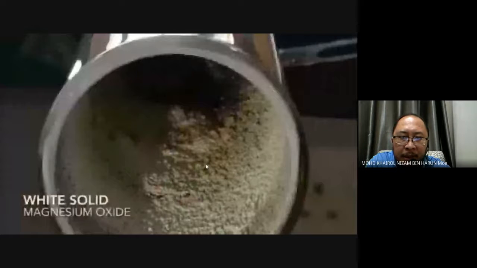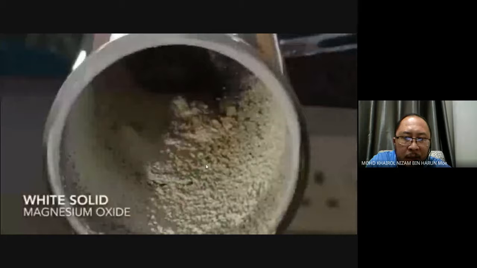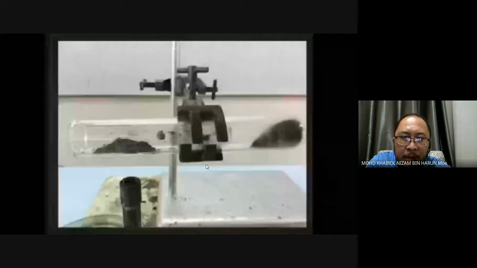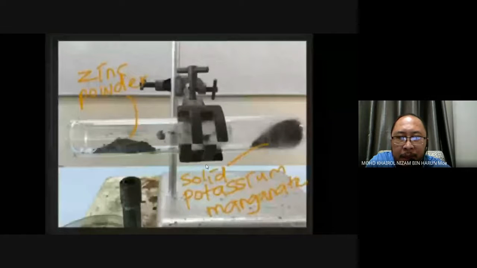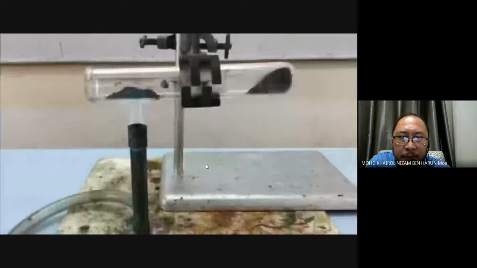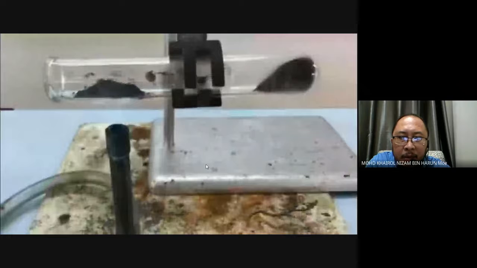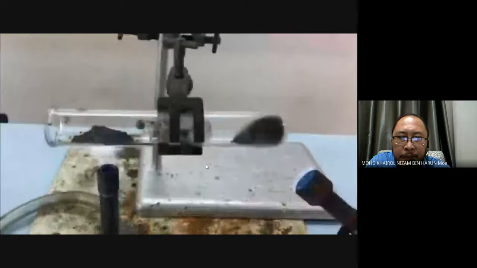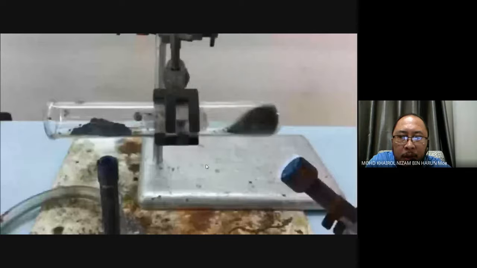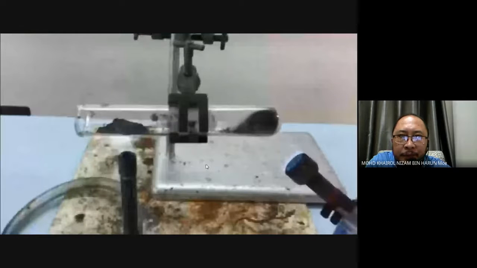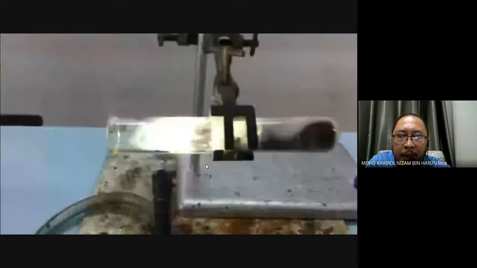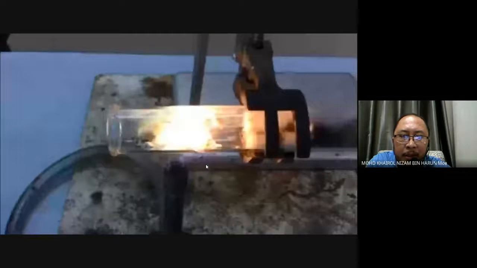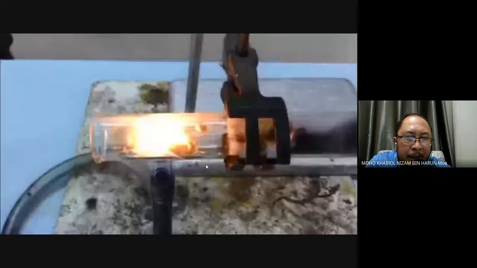With a Bunsen burner, it will produce, for example, magnesium and oxygen, it will produce magnesium oxide. Okay, potassium manganate, when heated, will produce oxygen gas. So this oxygen gas will pass through the heated metal.